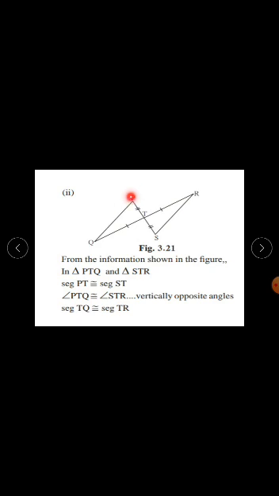Therefore, seg PQ is congruent to seg SR. The reason is CSCT, corresponding sides of congruent triangles. And the same way, angle PQT is congruent to angle SRT, and the reason is corresponding angles of congruent triangles, CACT.